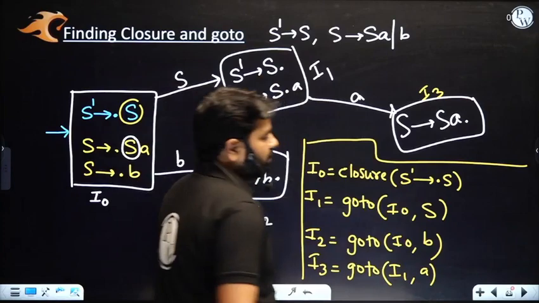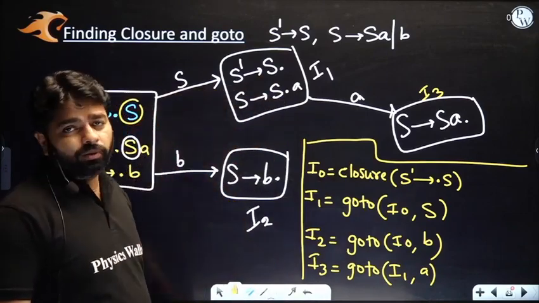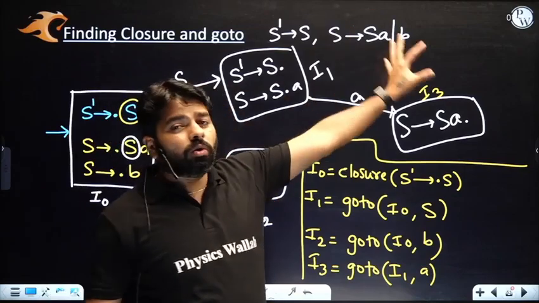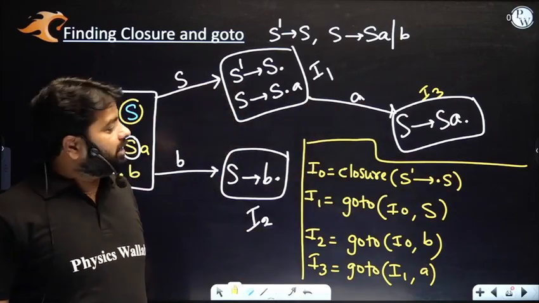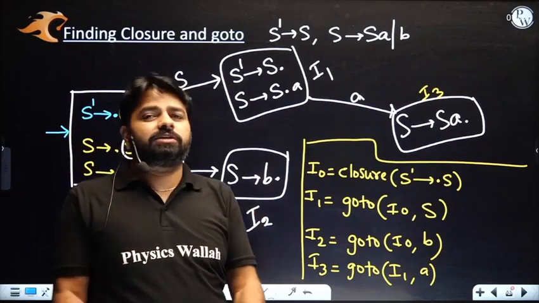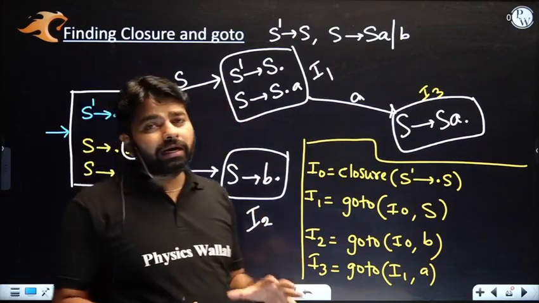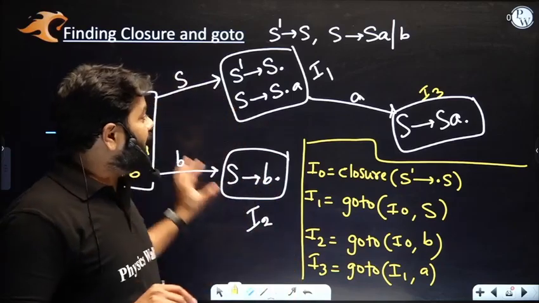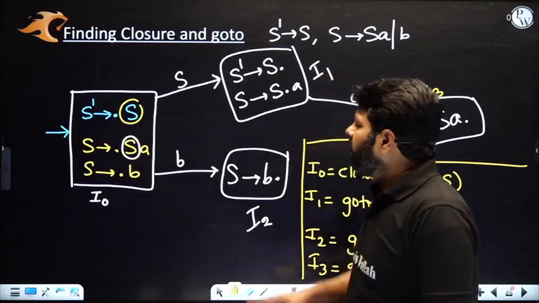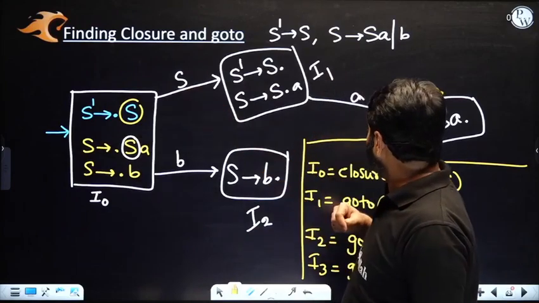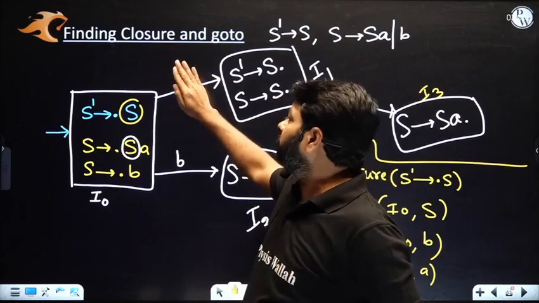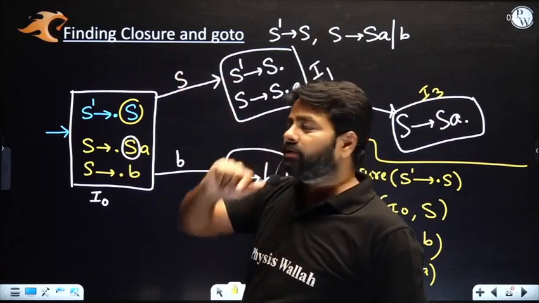Each one is a set of items only, a set of LR0 items. So the canonical collection is where you collect all LR0 items. That's why this DFA is very important to construct the table, which is equivalently the LR0 table. What happens when you construct the LR0 table? Very simple. If you have the non-terminal, then this is going to help us to make the goto entries. That's why this is called state representation.